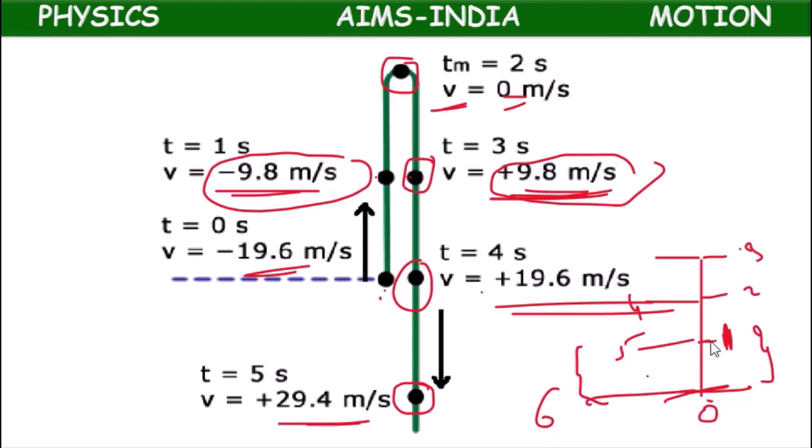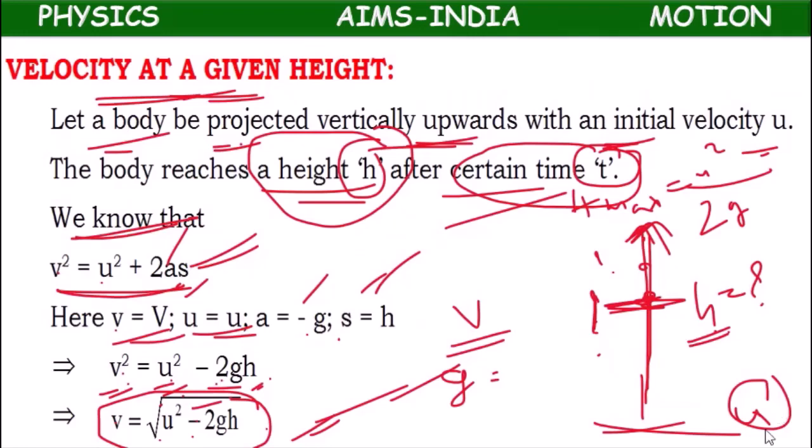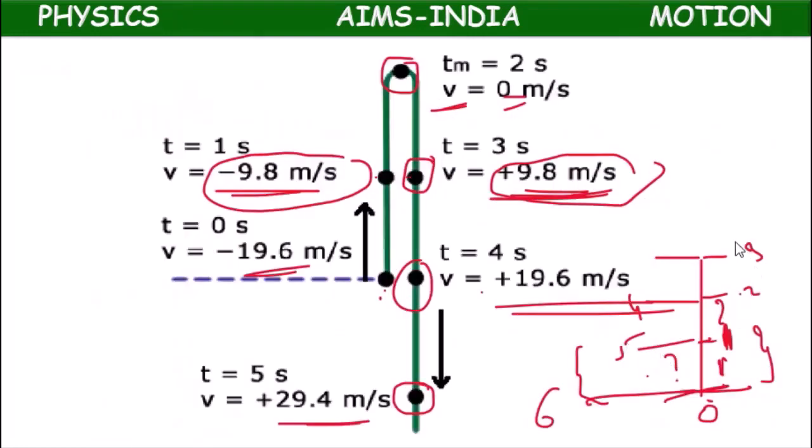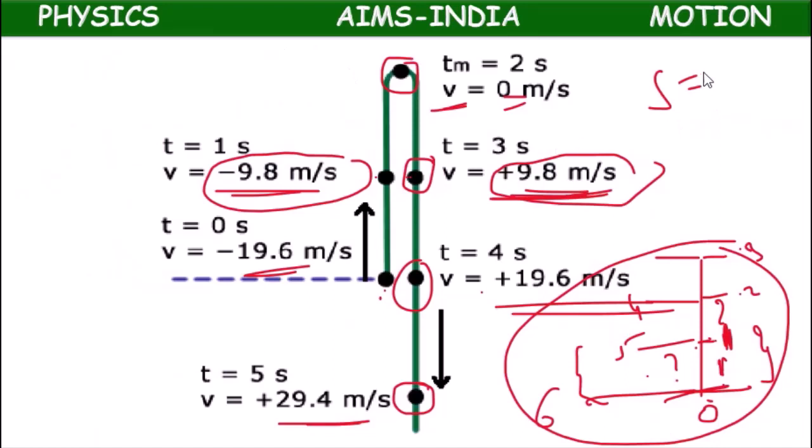The distance traveled in both time gaps is equal. In the same way, the distance traveled between 1 to 2 seconds and between 4 to 5 seconds will be the same. The formula for this distance is S equals u minus g by 2.